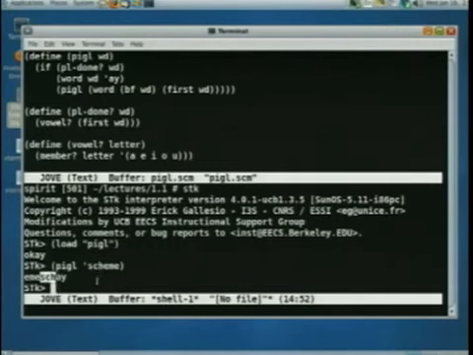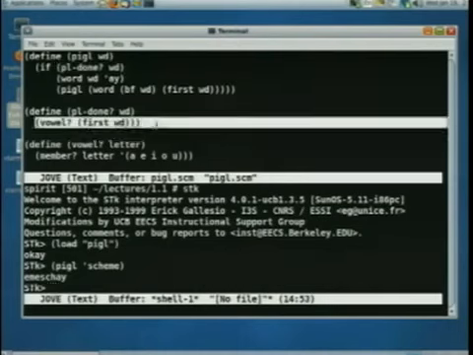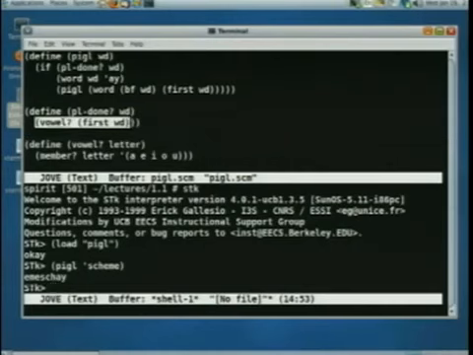OK? Now, how does this program accomplish that? Let's take a look. It says if PL-done? of word. In this example, we are using a lot of helper functions, maybe more than you really need. If I were writing this for my own purposes, I'm not sure I would have something called PL-done?. I might just put this expression in there. But for purposes of teaching you how this works, we have a predicate function called PL-done? that takes a word, and it asks the question, is the first letter of this word a vowel?